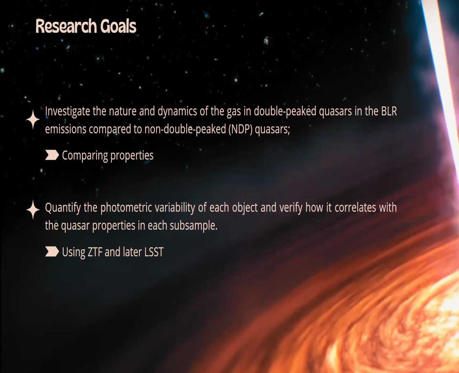Another goal was to study the photometric variability of these objects and investigate how this variability correlates with each property of the quasars. To do this, we used the photometric data from ZTF, and now we plan to use the LSST data as soon as we can.